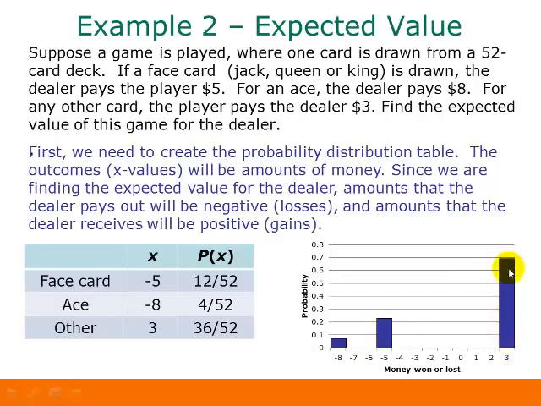Our highest probability value is the 3, so we could make a guess that the center of this data, or the mean of this data, would be sort of in the middle here. It would be more towards the 3 because the 3 had a higher probability value. So we could guess that it would be somewhere here, let's say between -1 and +1.